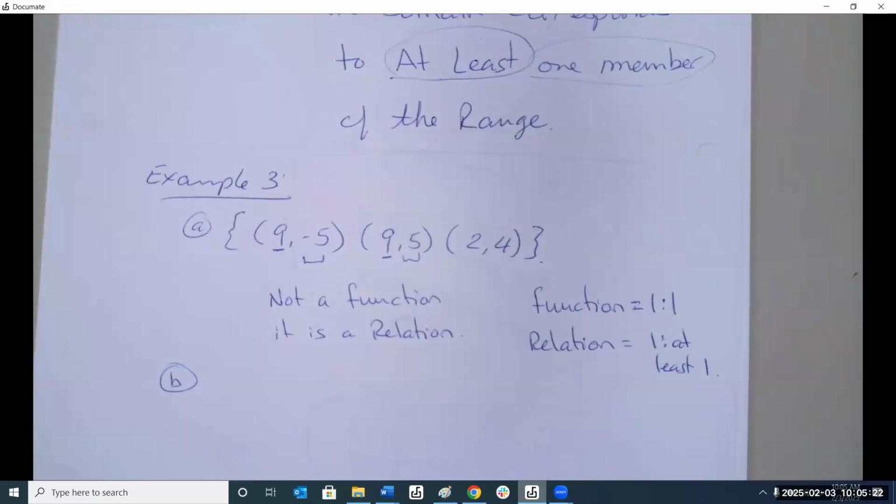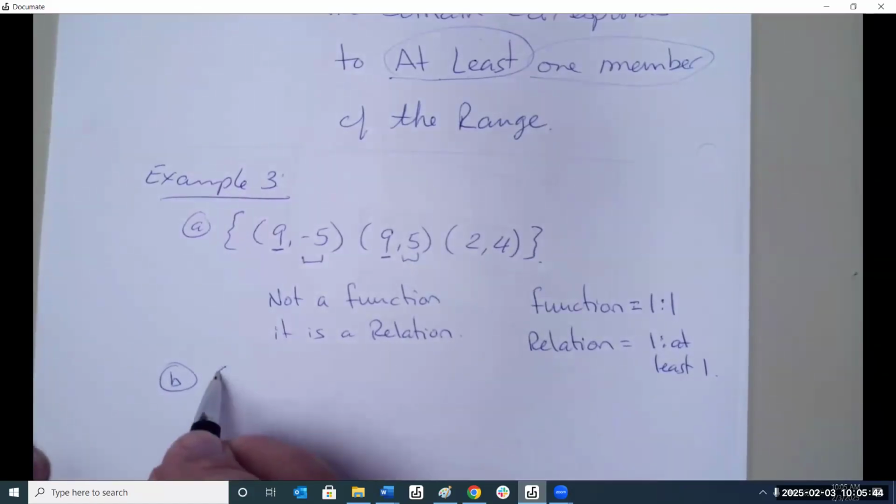Okay, here's semantics. Can a relation be a function? When it's one to one. But once it goes to 1 to 2, 1 to 3, then it's just a relation. Yeah, it's just all semantics.